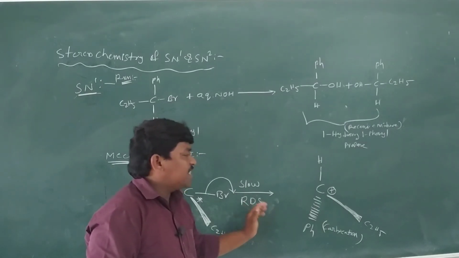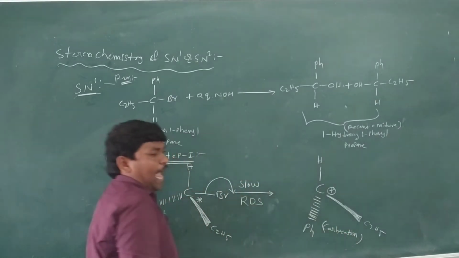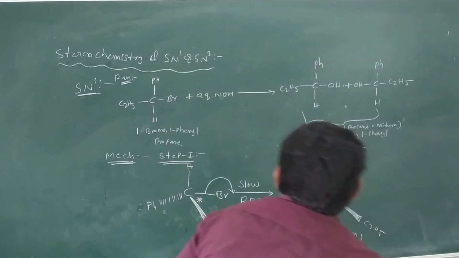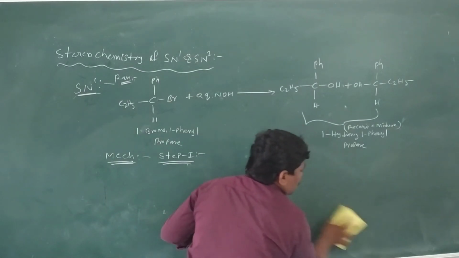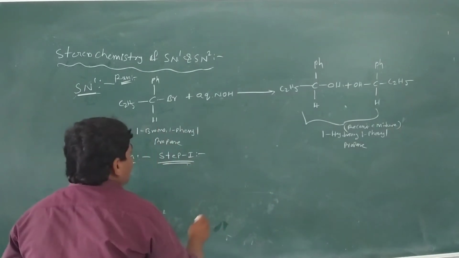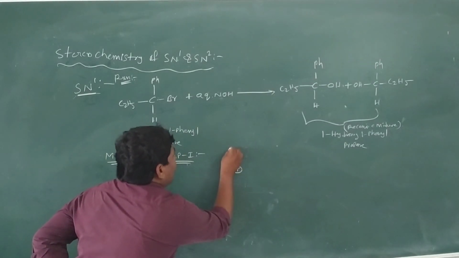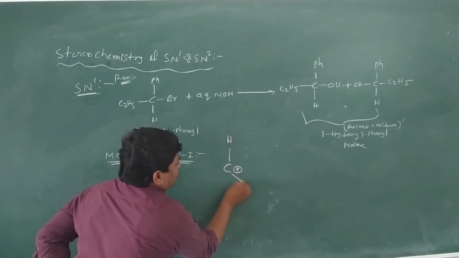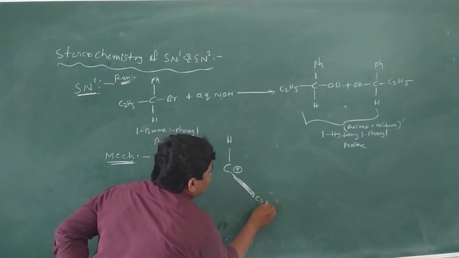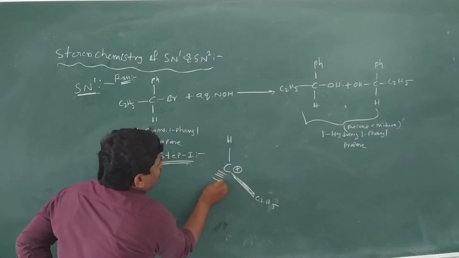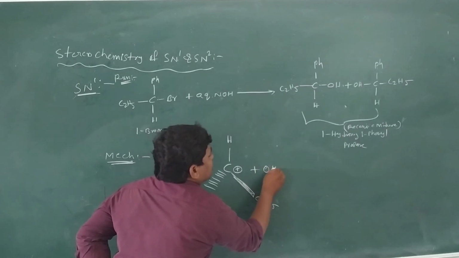So step 1 is formation of carbocation, and next, step 2. Step 2: the carbocation is attacked by the nucleophile, OH minus.